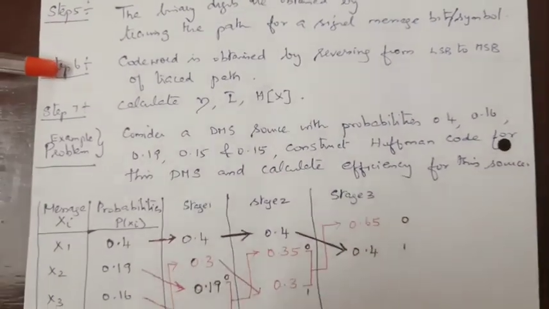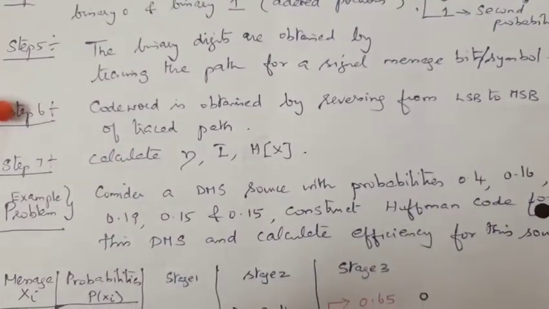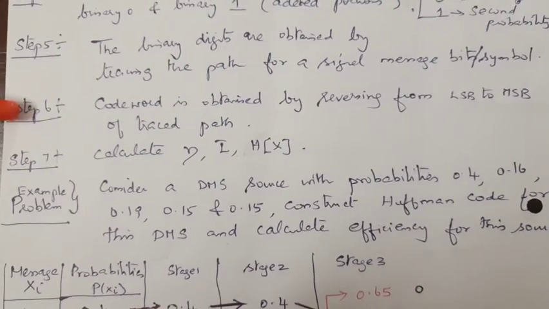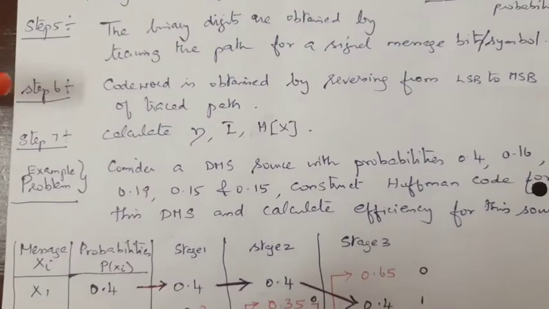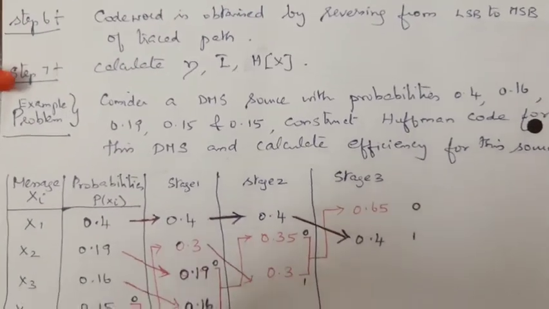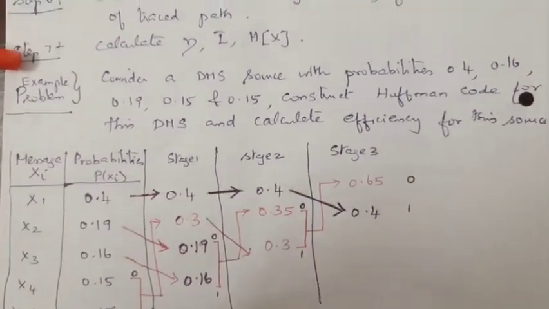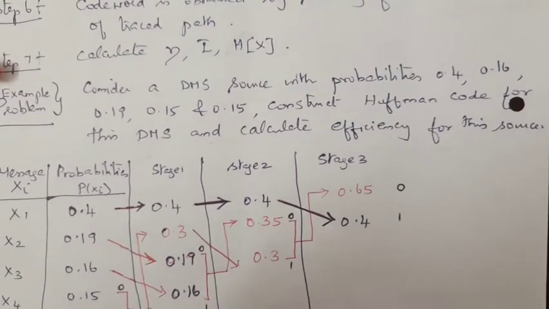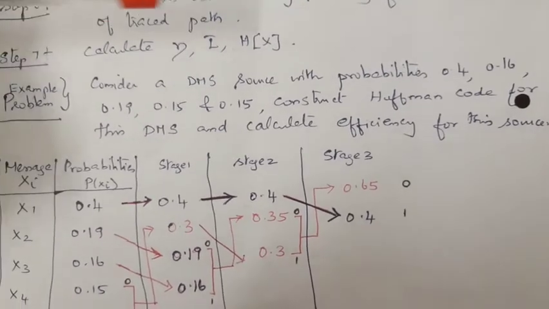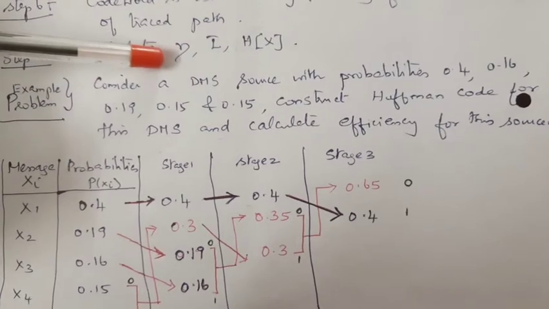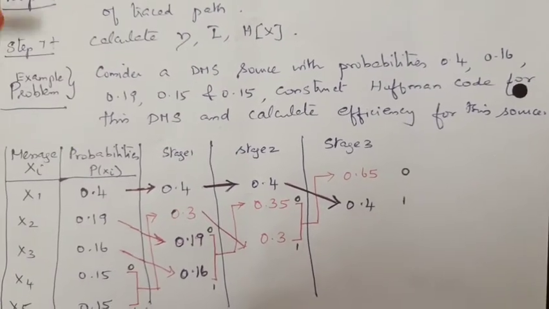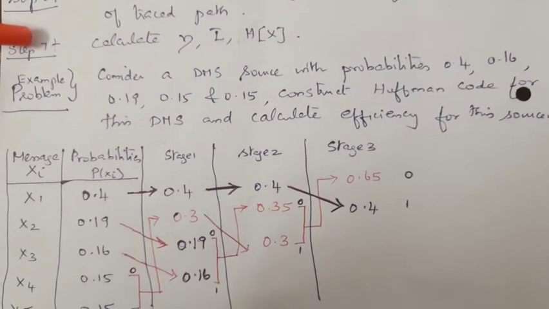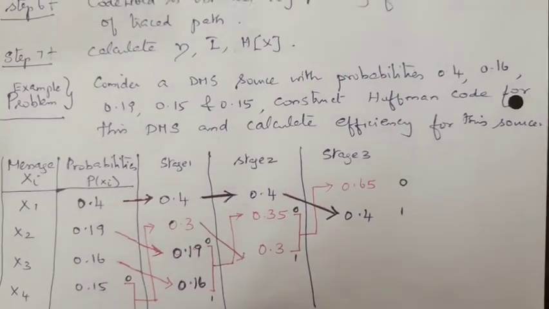Step 6, the code word is obtained by reversing the tracing path from LSB to MSB. Step 7 is your source coding theorem parameter calculation: average code length, entropy, eta, and finally the redundancy. So these are the steps to be followed in the Huffman coding algorithm.